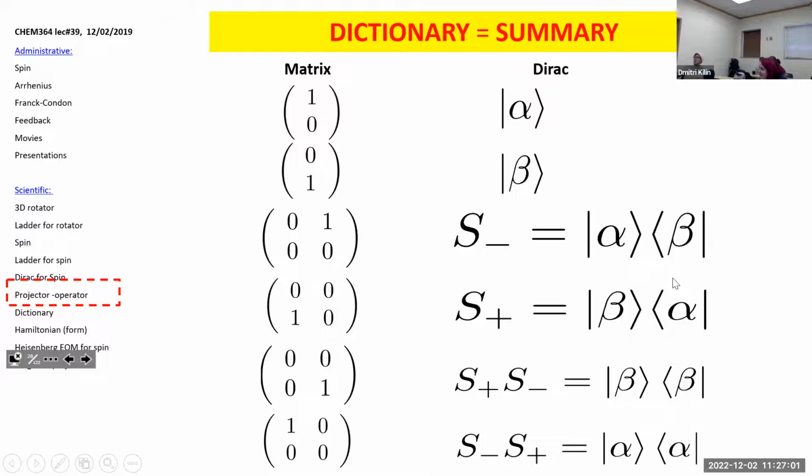We need wave functions and operators. When we were speaking about free space, boxes, oscillators, and rotations, it was possible to develop a continuous wave function that depends on a continuous variable, right?